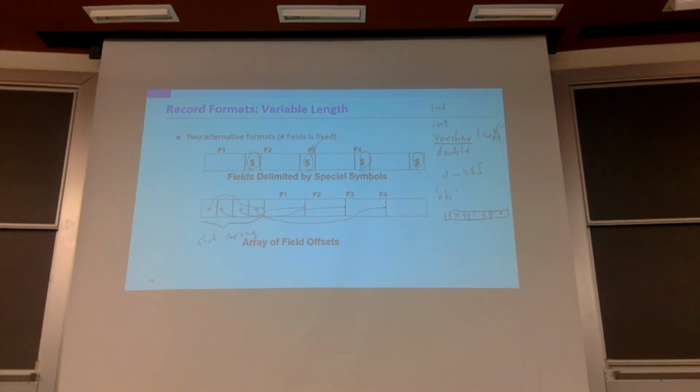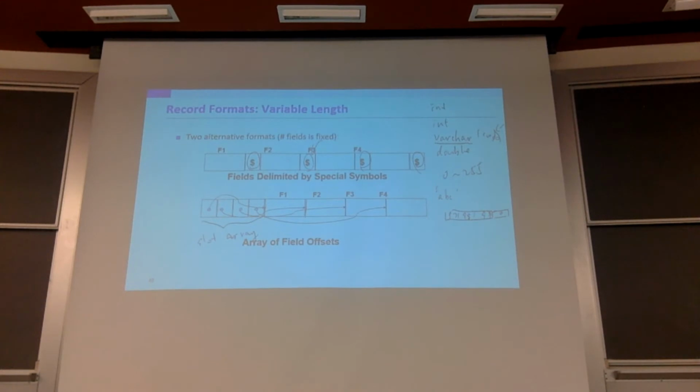This slot array will be a bunch of offsets. The first one will be pointing to the start of the first field, and the second one will be pointing to the start of the second field. Because every field is stored consecutively, the beginning of the second field will be the end of the first field. In that way, you can determine where the first field starts and ends, and also for the second field.